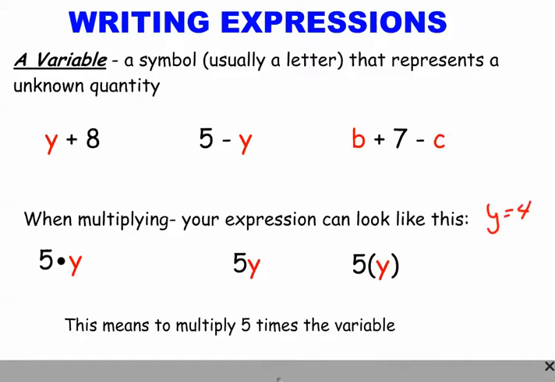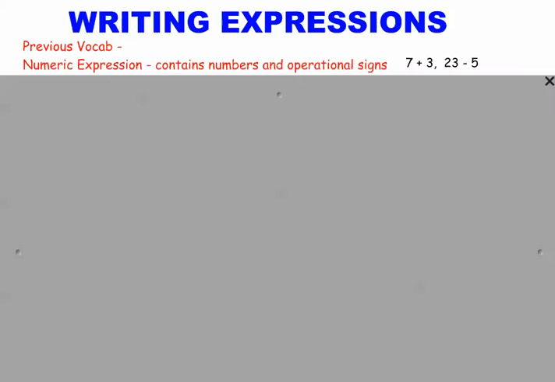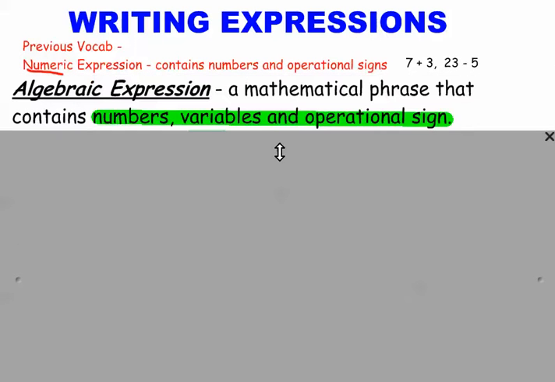All right, let's go to the next part. We have talked about a numeric expression. We say a numeric expression contains numbers and operation signs like 7 plus 3, 23 minus 5, 16 times 3. Those are numeric expressions. We talked about how the word numeric sounds like a number, so it has numbers in it. But now we're moving on to algebraic expressions.